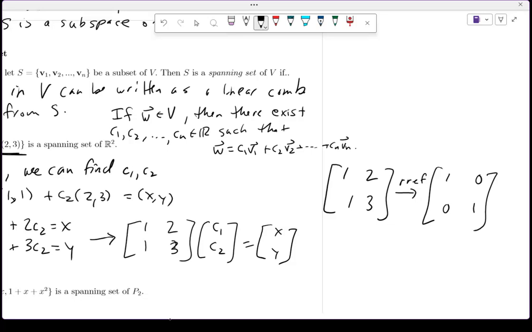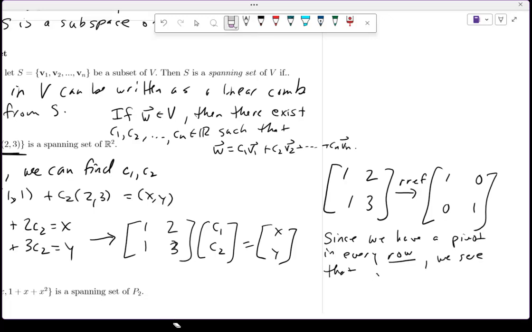Not too hard to see. You'll use your calculator; you're not going to do it by hand. Okay. The important part is, since we have a pivot in every row, we see that this system is always consistent.